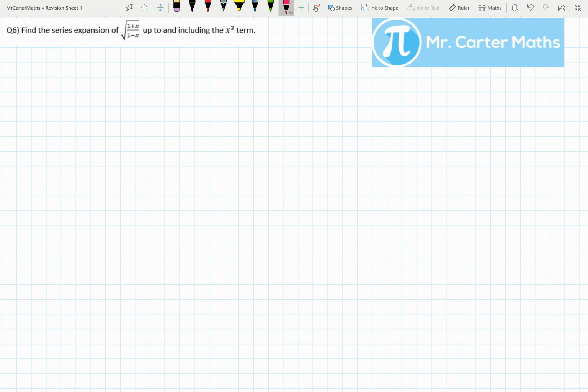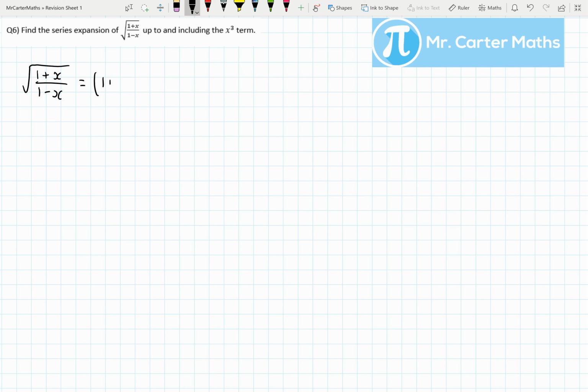Question 6. This is our binomial expansion question. I would realize straight away that there's two things tied up in this root. We have the root of 1 plus x over 1 minus x. Normally when we do binomials, we just have one bracket and one power, so I want to split this up into individual brackets.